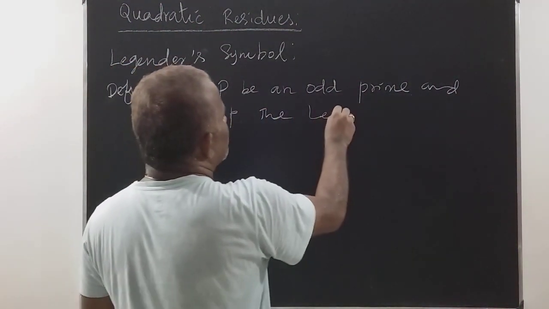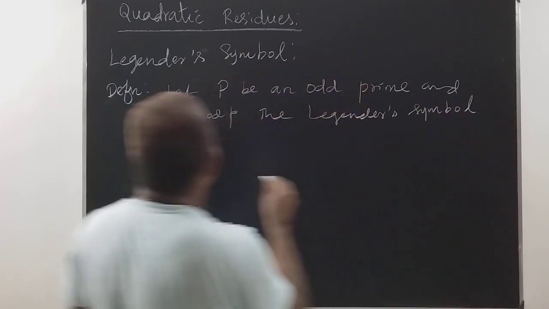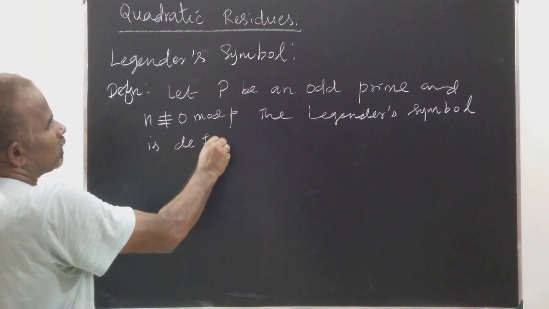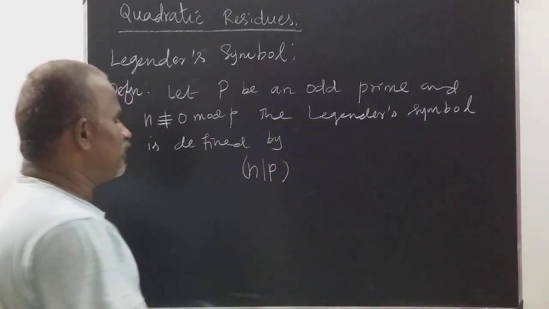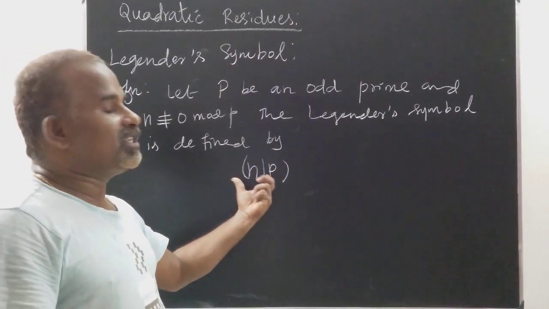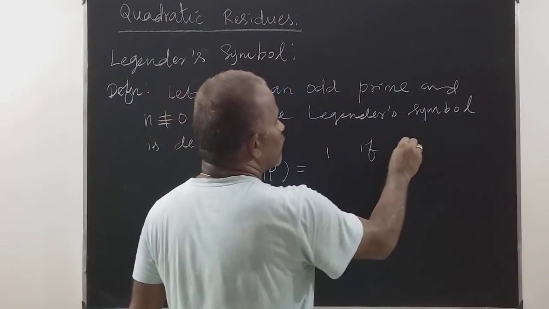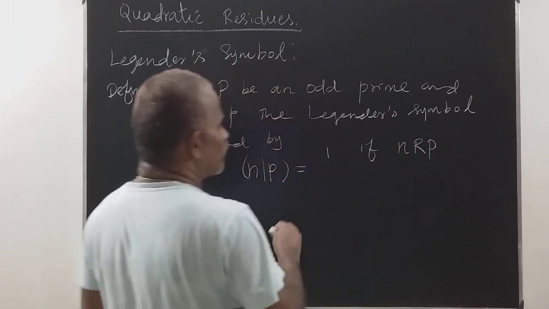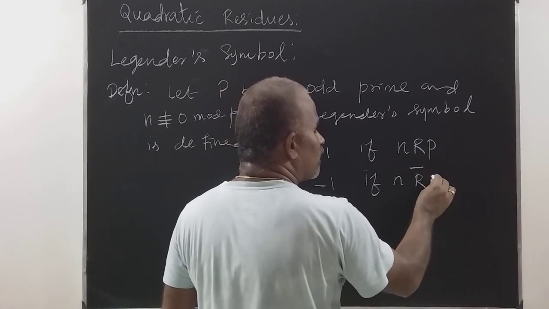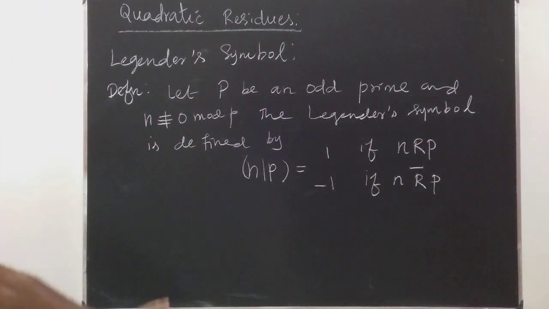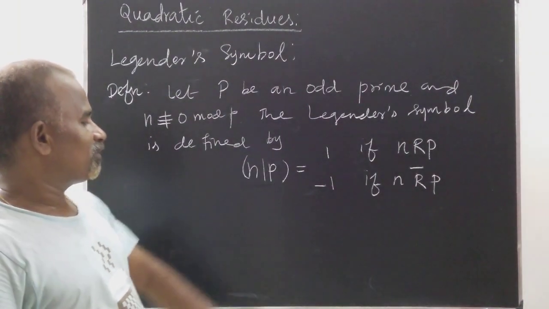The Legendre symbol is defined by n over p, or n by p. This is just a notation only. It is equal to 1 if n is a quadratic residue mod p, and equal to minus 1 if n is a quadratic non-residue mod p. So always n over p is either plus or minus 1.